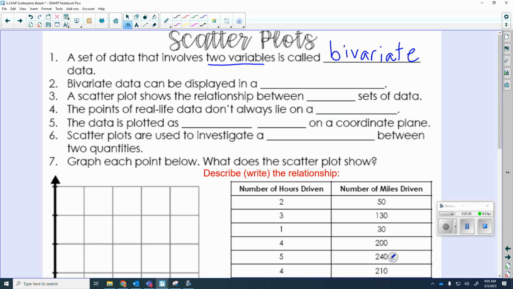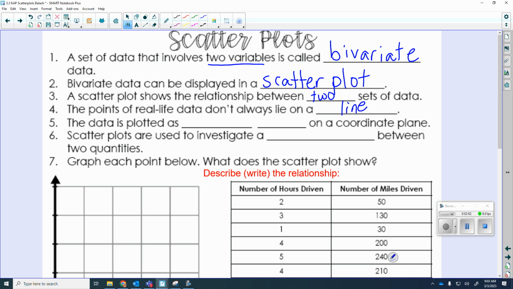Bivariate data can be displayed in a scatter plot. A scatter plot shows the relationship between 2 sets of data. The points of real-life data don't always lie on a, what would you say there? On a line, that's right.